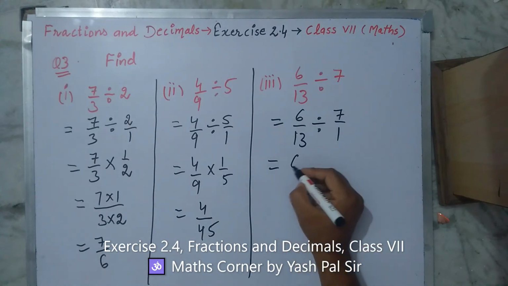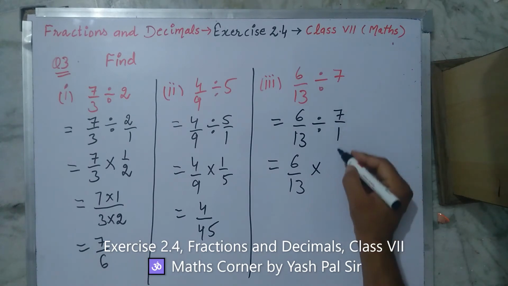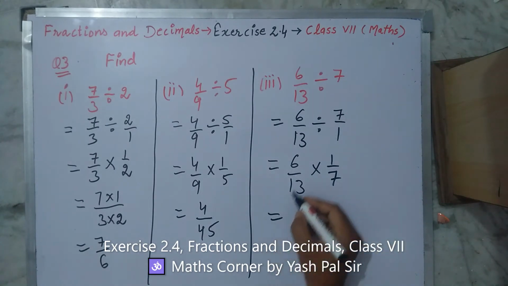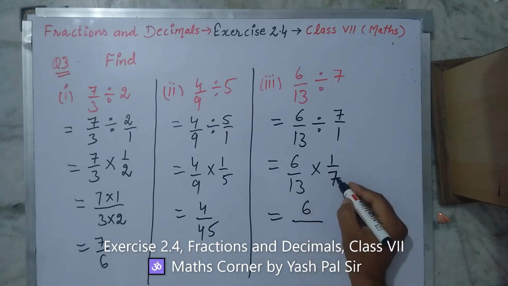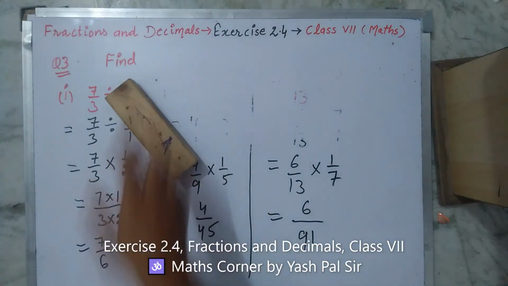This is equal to 6 upon 13 into the reciprocal of 7 upon 1, which is 1 upon 7. Now multiplying 6 into 1, 6, 13 into 7, 91. Now coming to the next part.